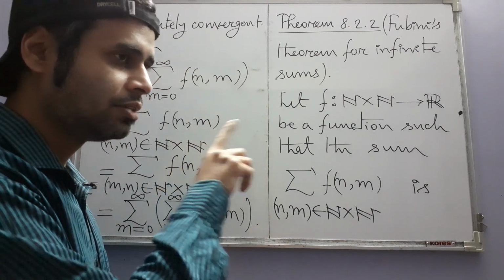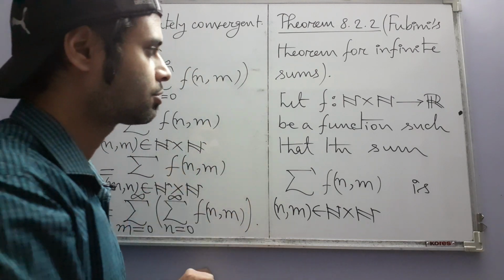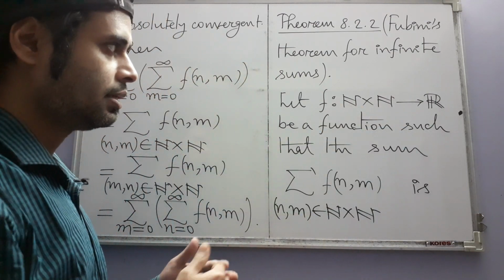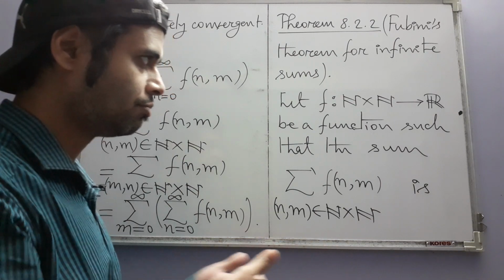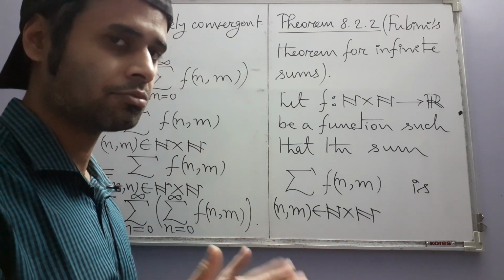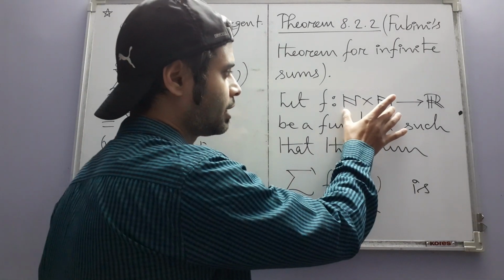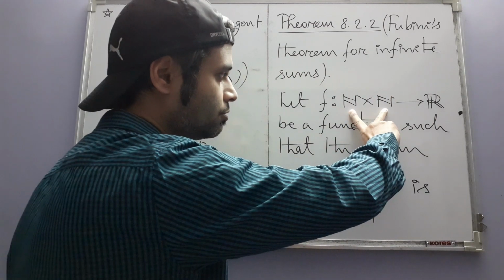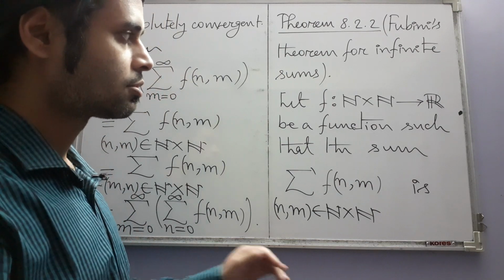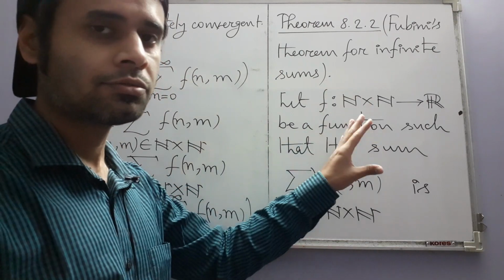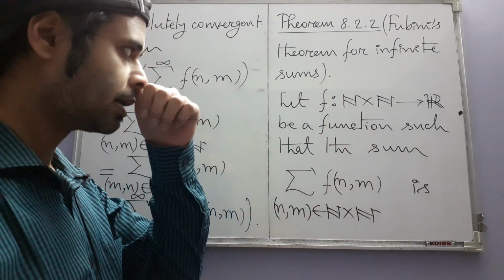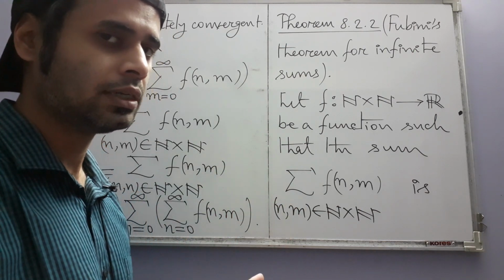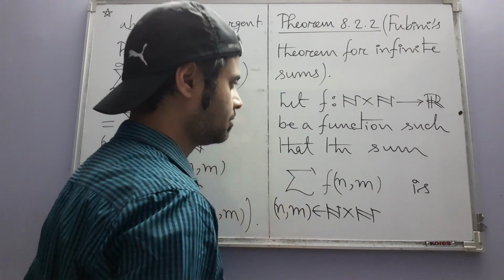Recall that in the previous section we have in fact shown that this is a countable set, and it came on the way, when we were going to prove that the set of rational numbers is countable. So it is the kind of function that we need in order to define a sum over an infinite set or over a countable set.